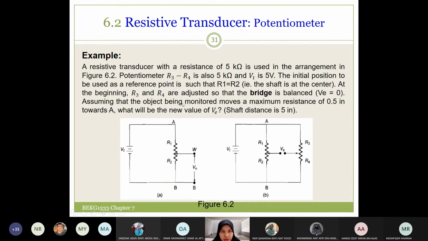At the beginning, R3 and R4 are adjusted so that the bridge is balanced, meaning VE here is 0. Assuming the object being monitored moves a maximum of 0.5 inch towards A, what will be the new value of VE? The shaft distance is 5 inch.